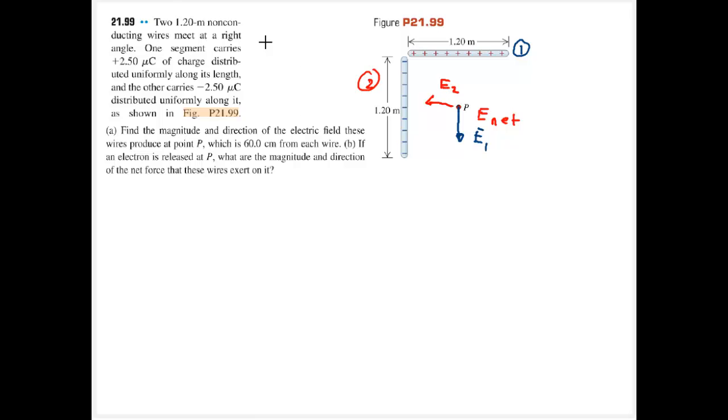And what we can do is recall example 21.10, which tells us if we had a wire going from negative a to a, and we are looking at some distance x along its center, we were given what the electric field is. Here we have the same thing.